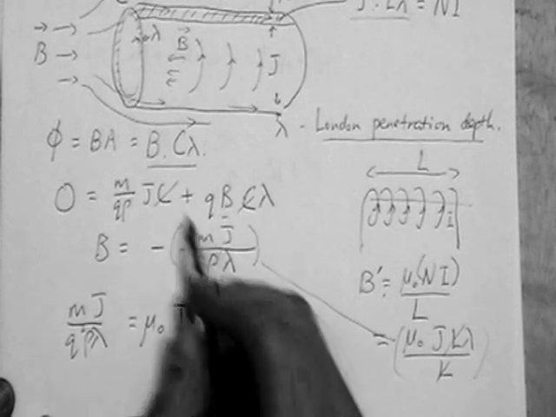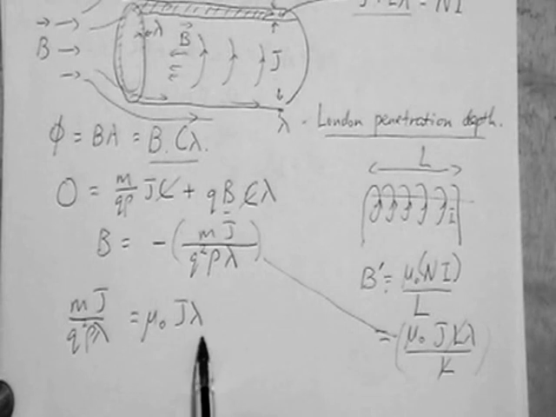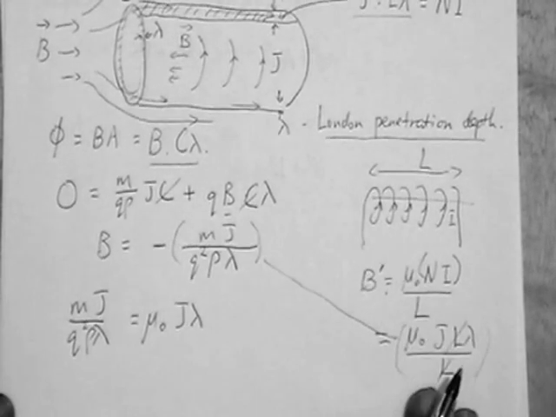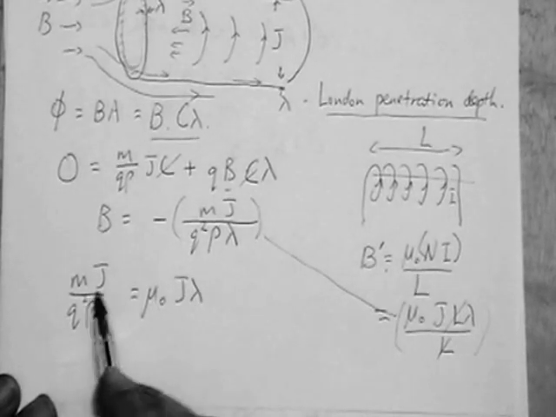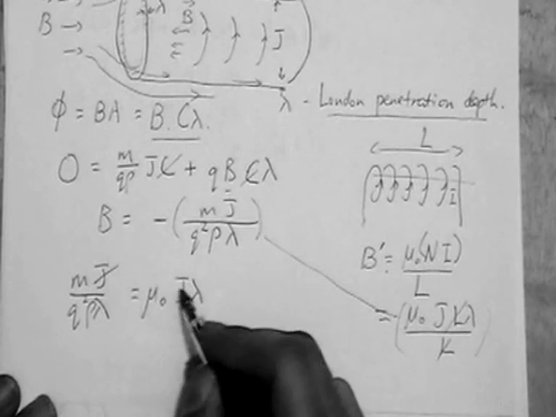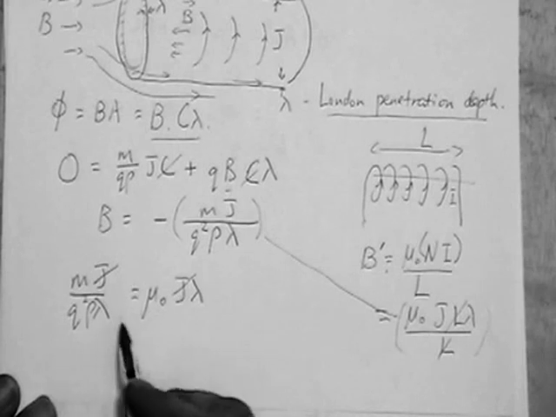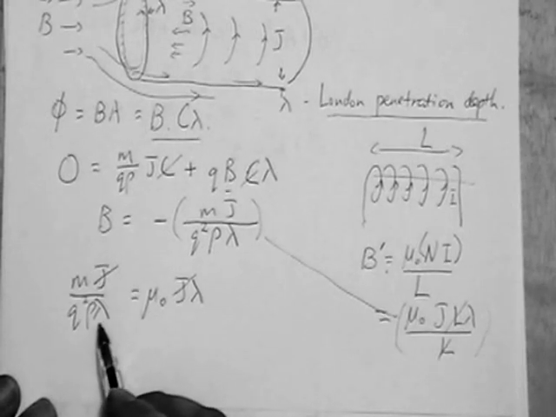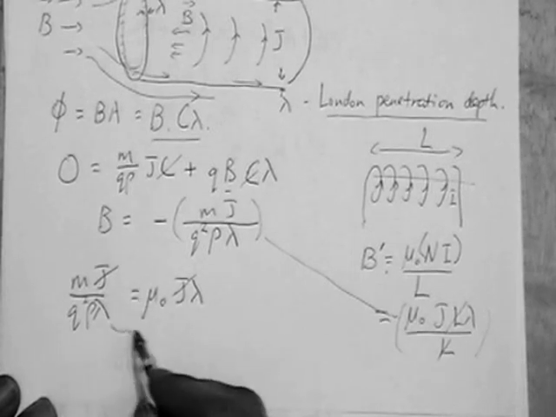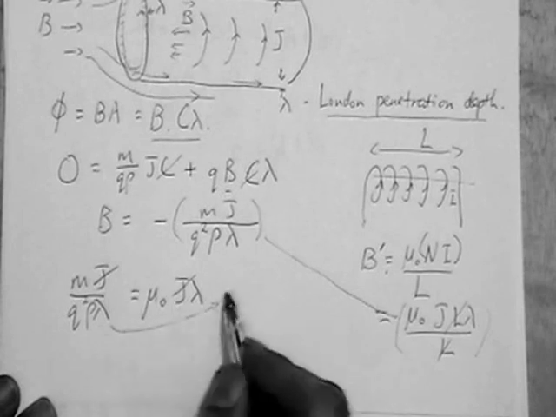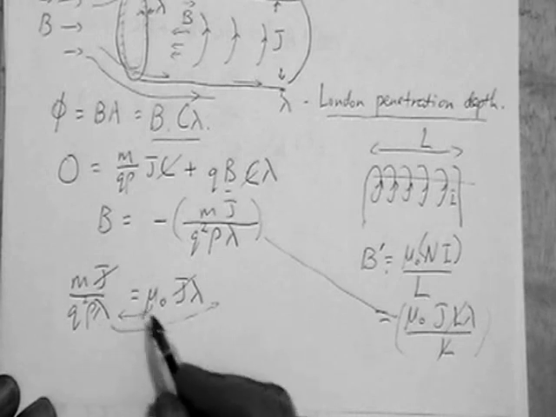Now the purpose of going through all this mathematics is to derive the expression for the London penetration depth, lambda. Now looking at this, you see that we have the common factor of J on the two sides, which we can now cancel. And then we can finally solve for lambda. A lambda there and a lambda there. So let me bring this lambda over to the right and bring the mu naught over there to the bottom on the left.